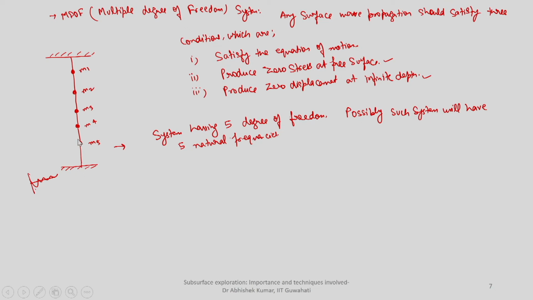One frequency will be at the fundamental mode, and the others will correspond to higher modes.